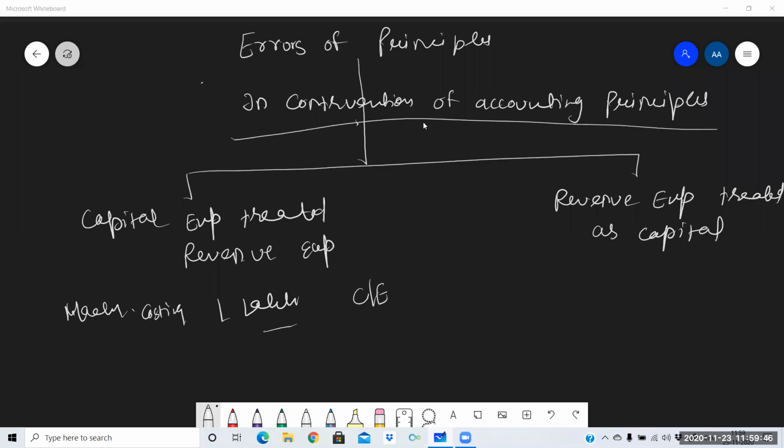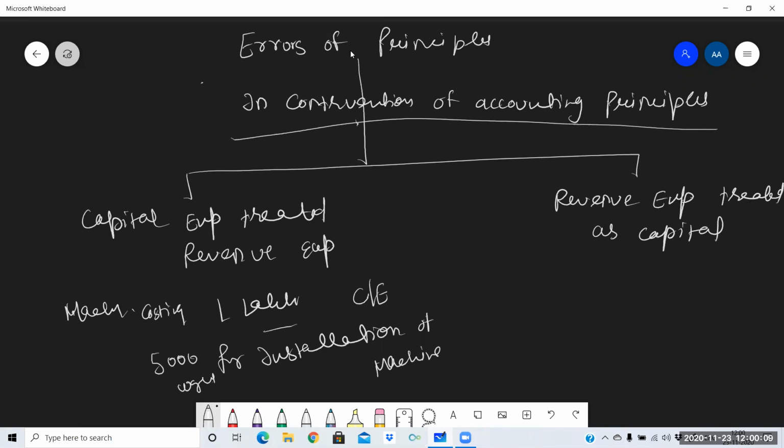Clear? Now I have paid rupees 5,000 as wages for installation of this machine. So what is this expenditure, capital or revenue expenditure?